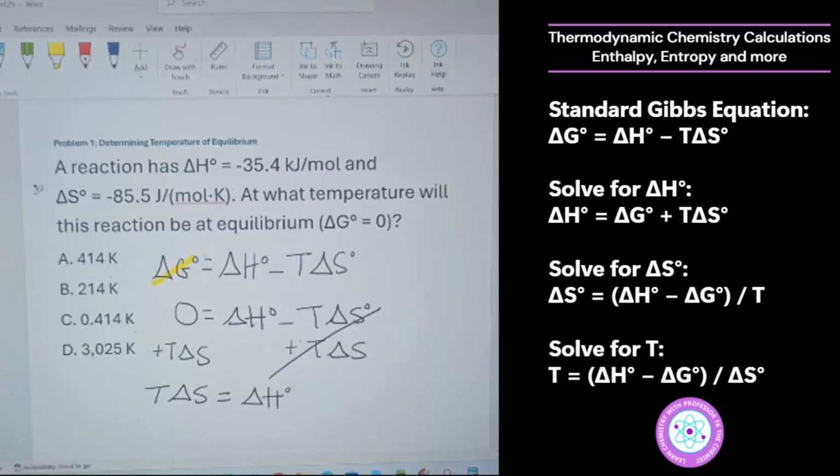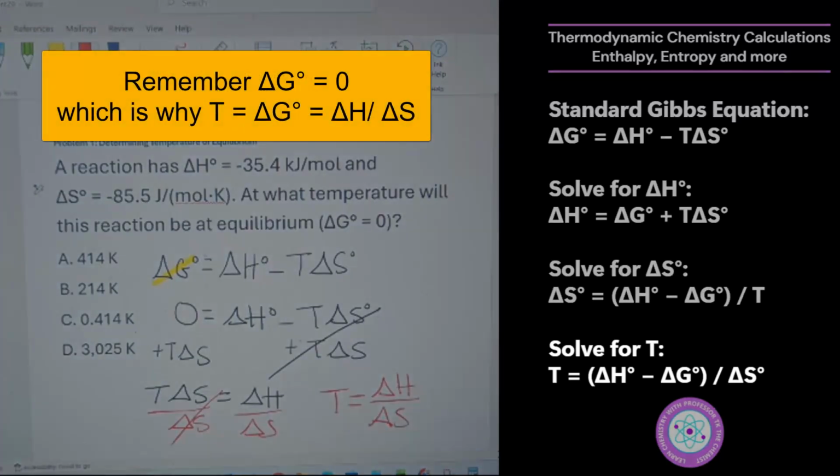And you can actually take that little degree sign off for this particular problem. But because you're looking for your temperature, you're going to now divide both sides by the delta S so that your formula now is T equals delta H divided by delta S, okay?